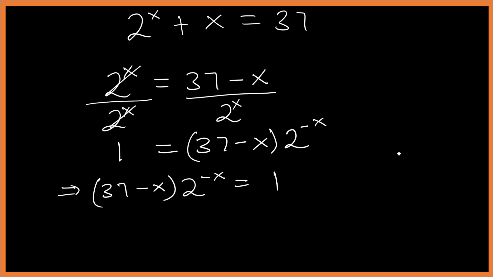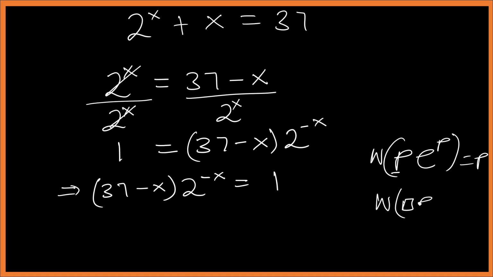Now when we're given p times e exponent p, and we take the Lambert W function of this, so p times e raised to p, the answer is p. When we're given W function of box times e raised to box, the answer is box.